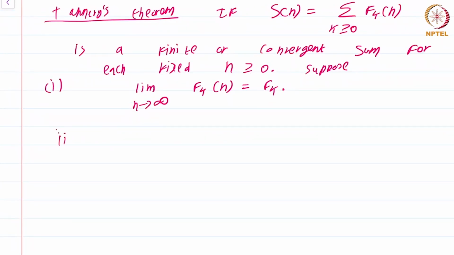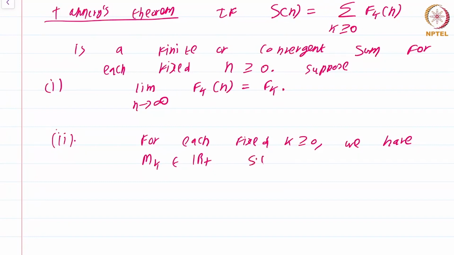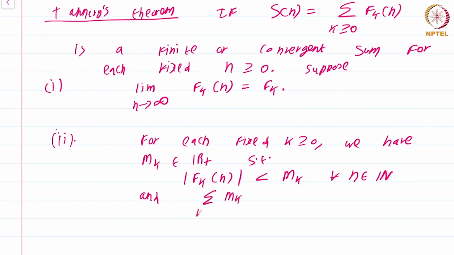Number 2, for each fixed k greater than or equal to 0, we have M_k in R plus such that the modulus of f_k of n is less than M_k for all n in the natural numbers, and the summation of M_k as you run through k is less than infinity.